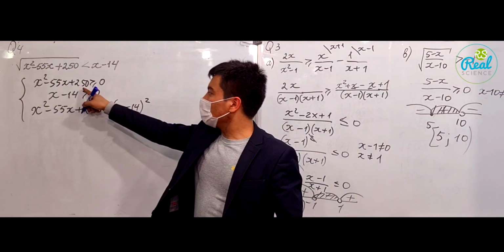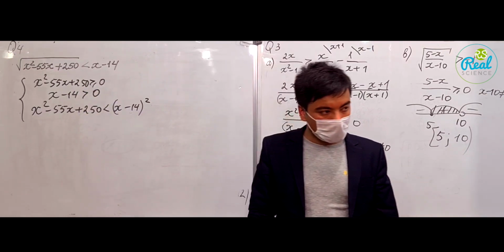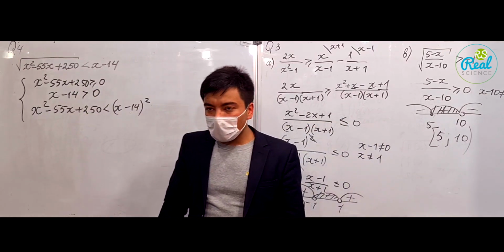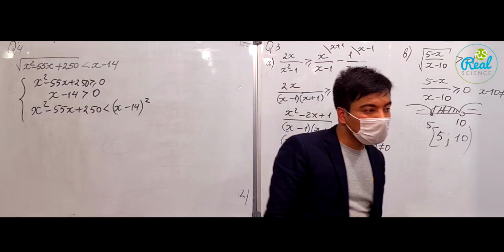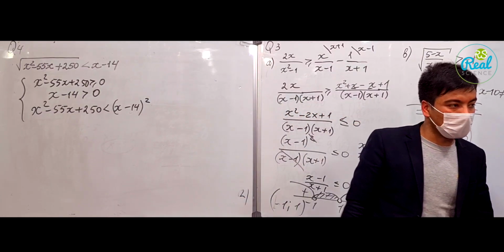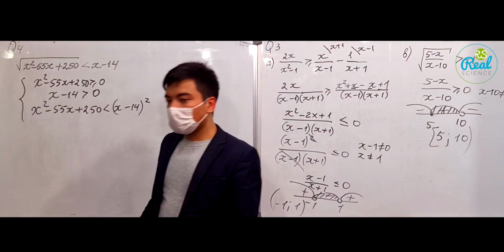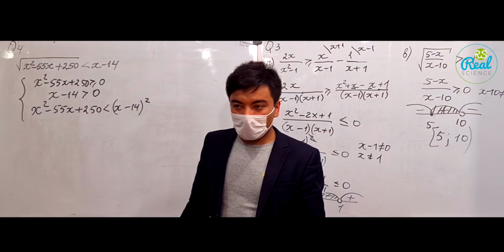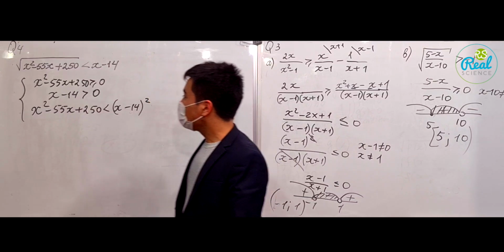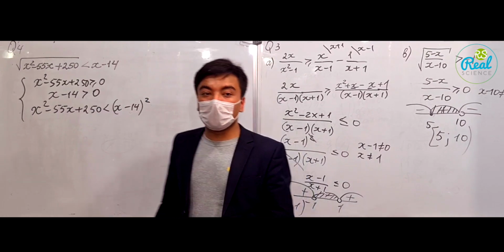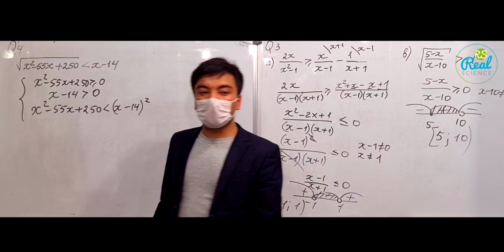Now, let's start from the first one. According to Vieta's theorem, what is the answer of this first one? 5 and 50.